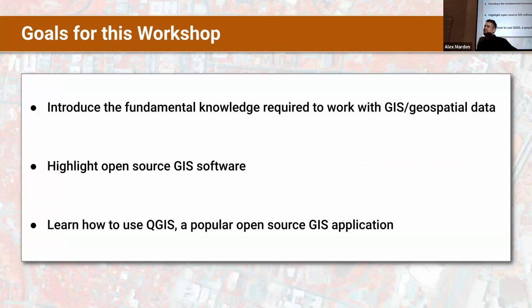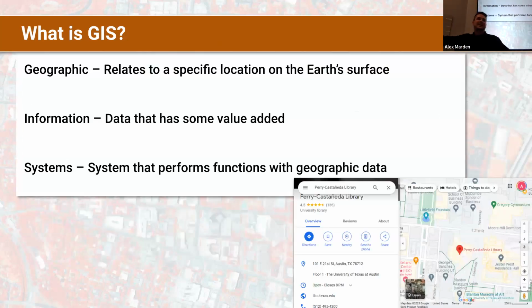All right, and then the goals for this specific workshop, right? This is intended as an intro into both GIS and then highlighting GIS open source software within the workshop. And so what we're specifically focused on today is QGIS, which is a common desktop application that is really globally popular and used. So the first half of this workshop, I'm just going to introduce the basics of GIS, what I think you really need to start using and exploring the software and exploring spatial data.